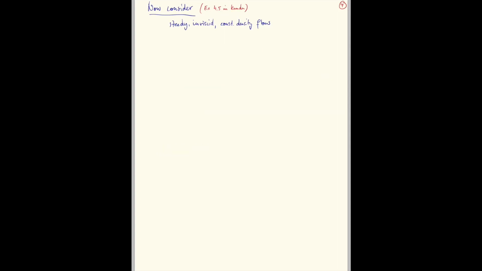Now we will consider a general 3D case of a steady inviscid constant density flow, and we will look at a stream tube control volume to show that along a streamline the Bernoulli equation holds, i.e. along a streamline the stagnation pressure is constant, i.e. P plus rho u squared over 2 plus rho g z.